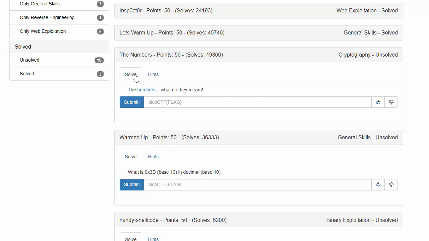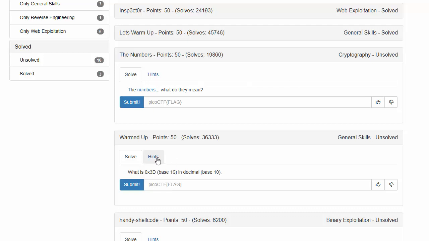But there is one problem. Well, maybe not a problem, but we need to look at this carefully. You see here it says picoCTF and the flag, like it always does. Same thing here, but it has CTF in capital letters.